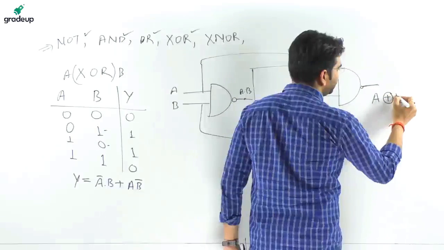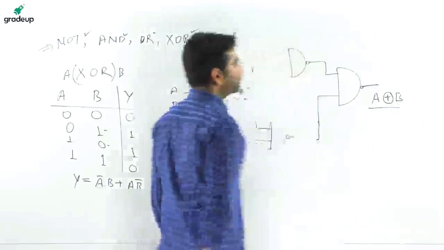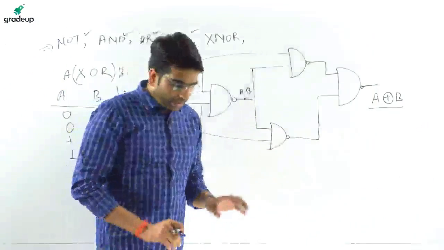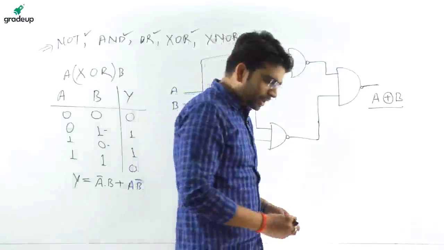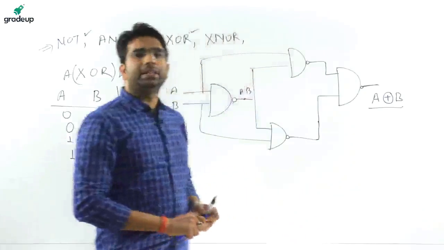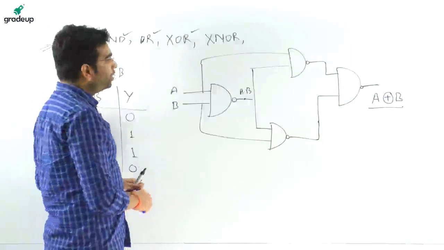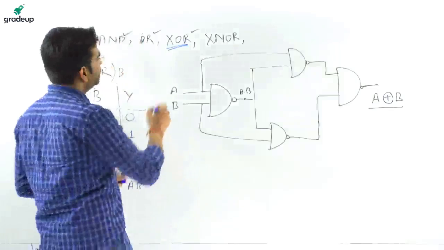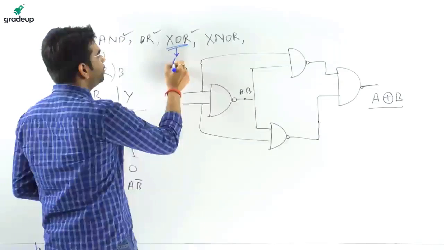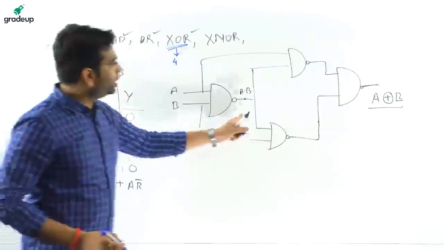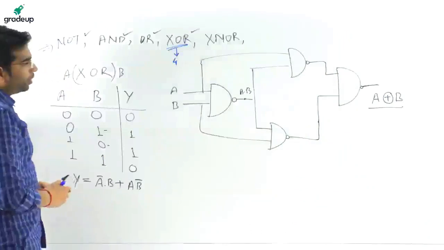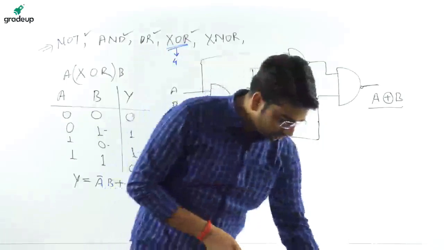XOR is plus sign with a circle, A XOR B. Friends, don't take it as a whole. The best question that will come from this place is how many NAND gates are required for XOR logic? The answer will be 4: 1, 2, 3, 4 NAND gates are required for making this logic.